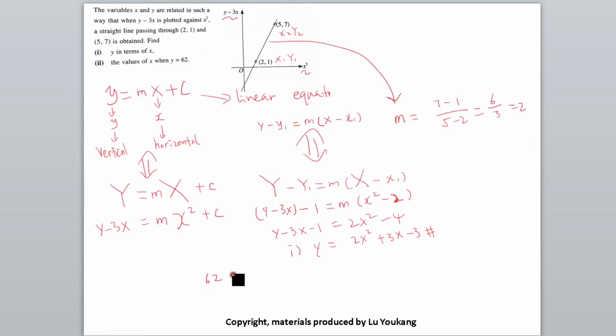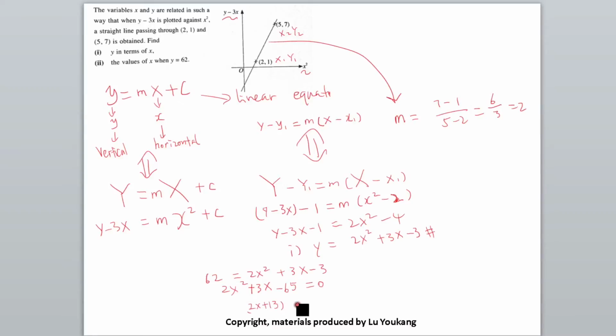And now, part 2, the values of x when y equals 62. So what we need to do is sub in y equals 62 into our answer in part 1. And you should get 2x squared plus 3x minus 65 equals 0.